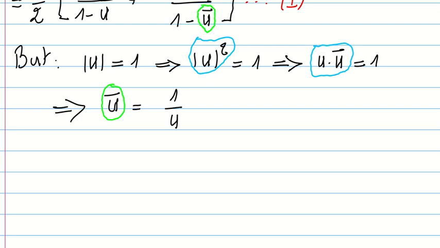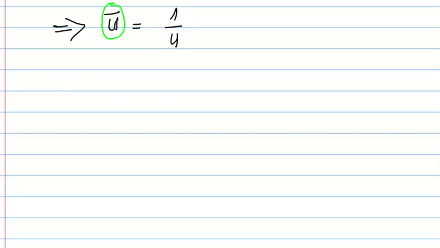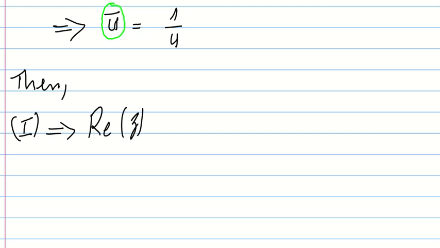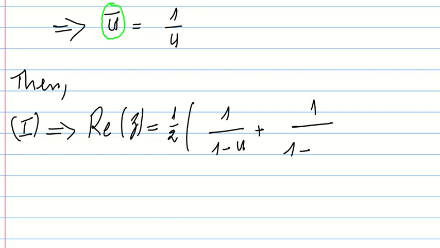So then we have, big one implies that the real part of z is equal to 1/2 multiplied by 1 over 1 minus u plus 1 over 1 minus 1 over u.